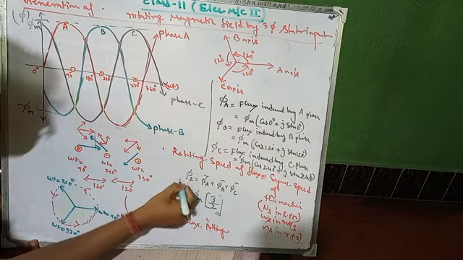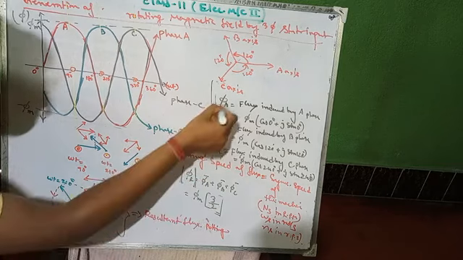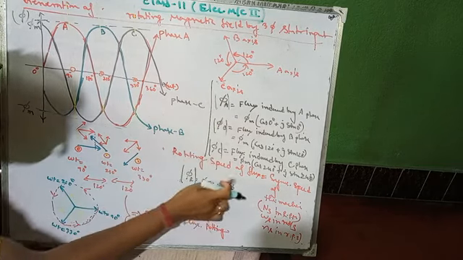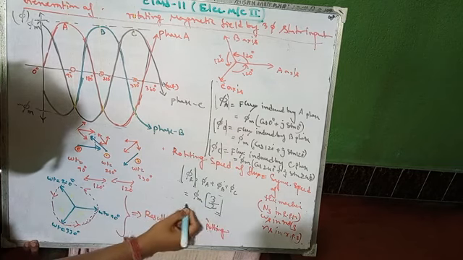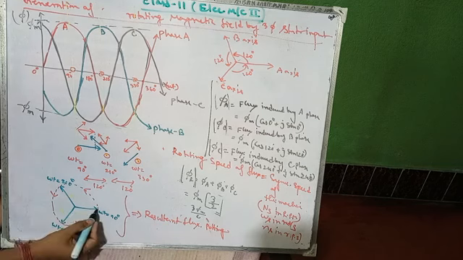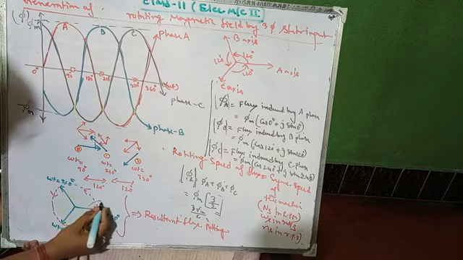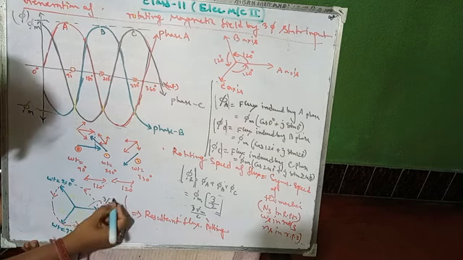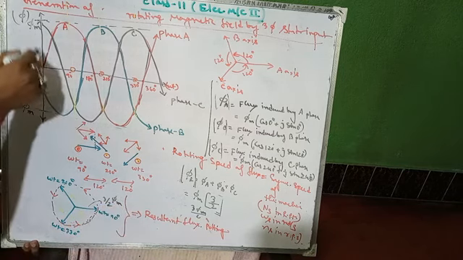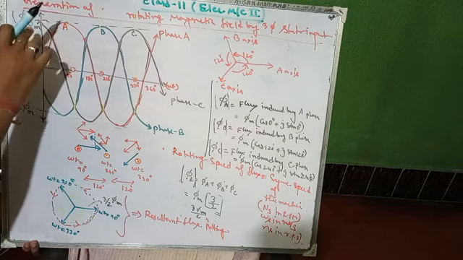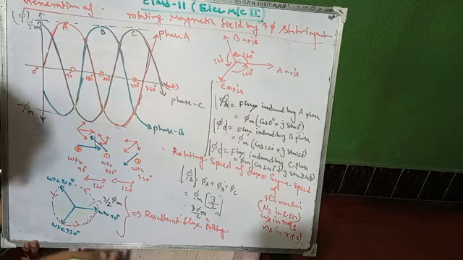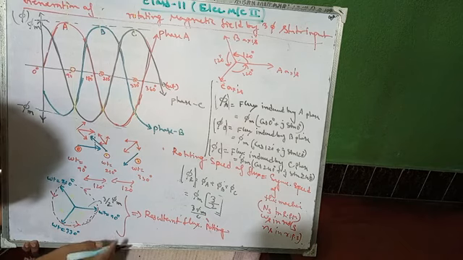So that is the resultant magnitude. I am taking the magnitude only, so no need to write the phasor quantity. So phi m into 3 by 2, that is 3 phi m by 2. Whatever the phi m, it will be again added by half. So the resultant will be 3 by 2 phi m.